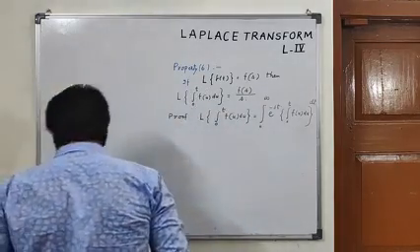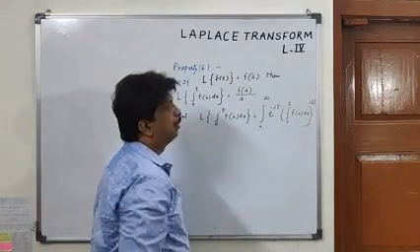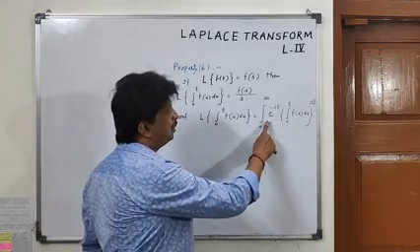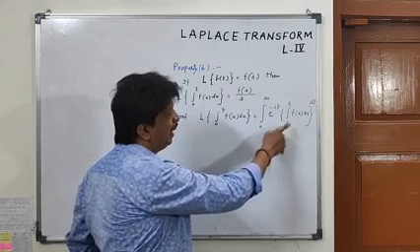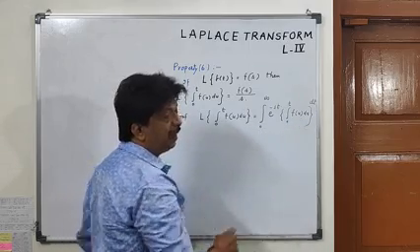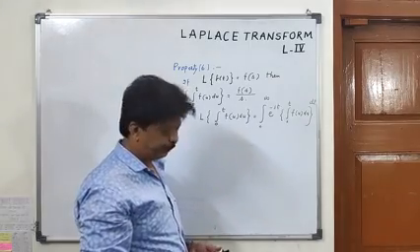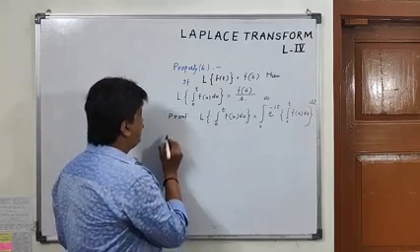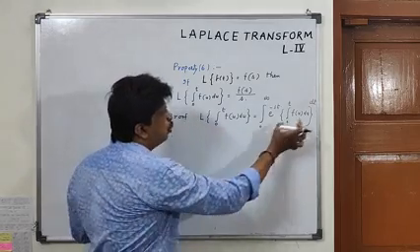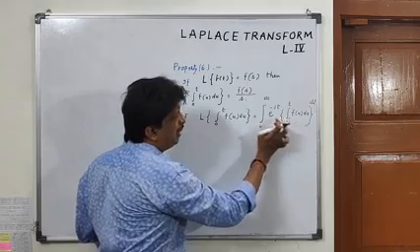Now how to integrate this? One of the functions is exponential e raised to power minus st and another function is this integral 0 to t f of u du. So we shall integrate this by parts, choosing this function as the first function and this is the second.